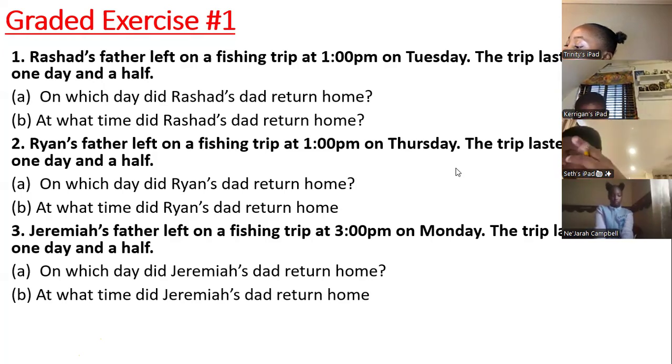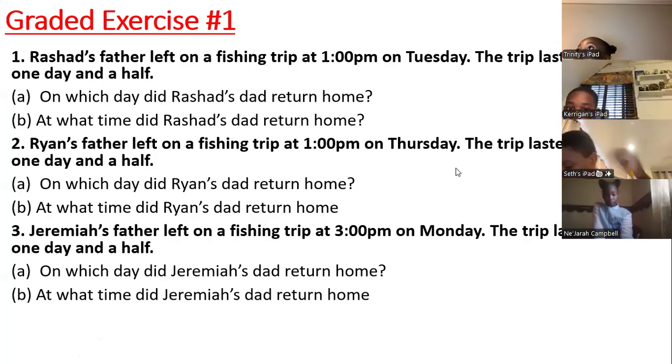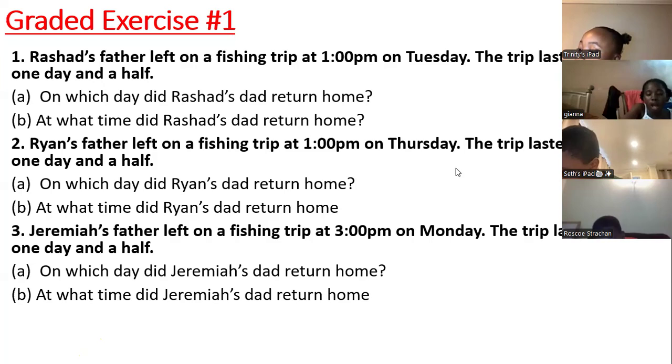And Kerrigan, pronounce your name for me, please. Kerrigan. Okay, Kerrigan. What number you on? 1A. 1A, okay. Do you understand what to do?